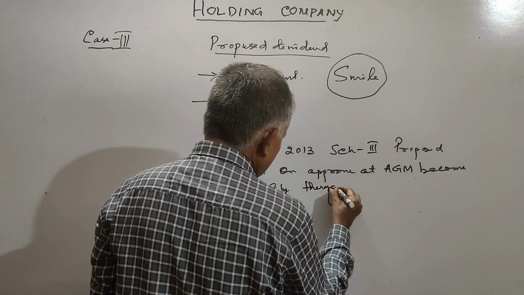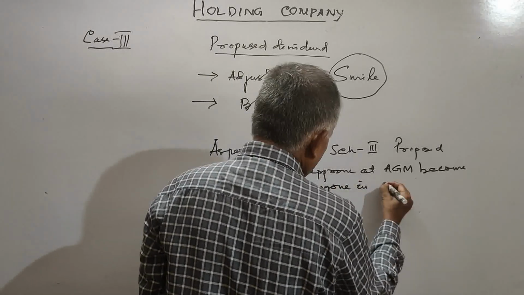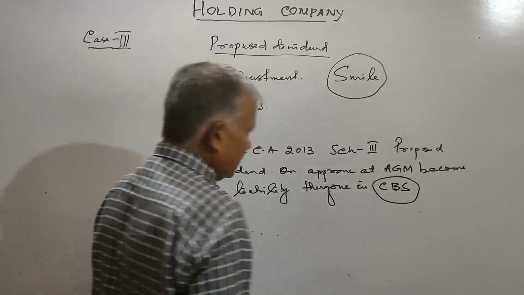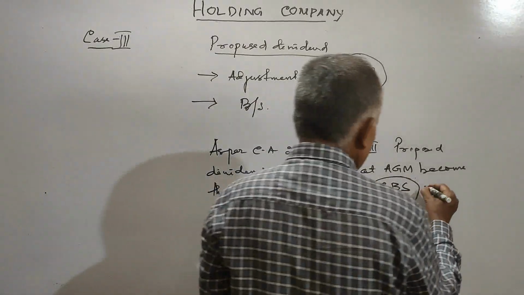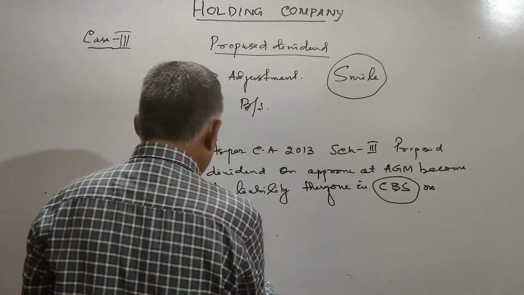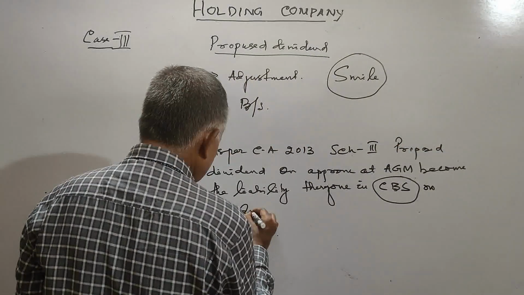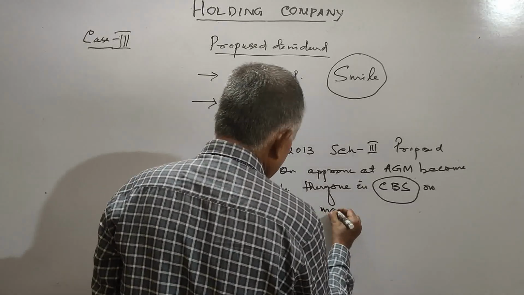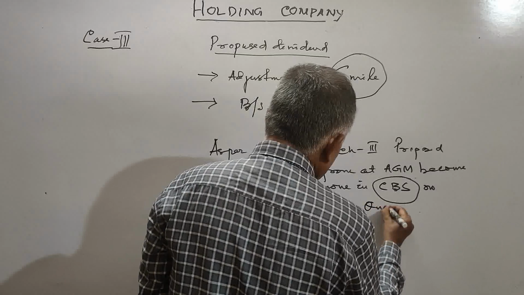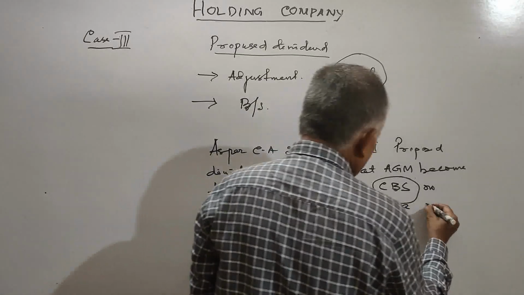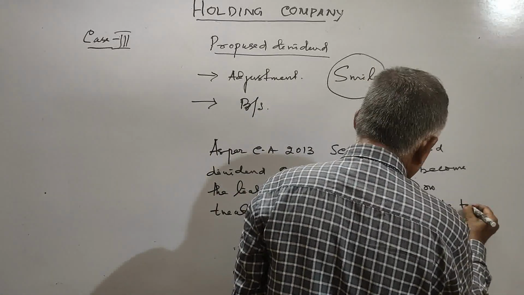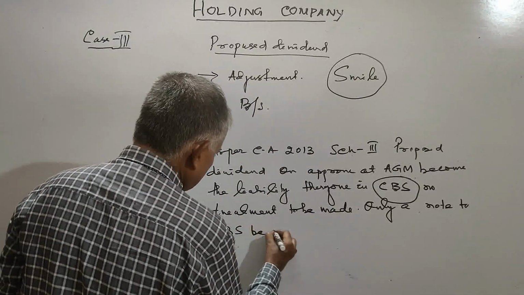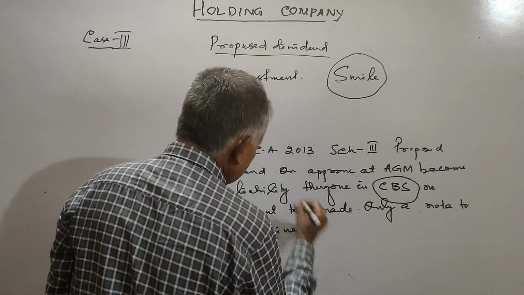Therefore, in the consolidated balance sheet, no treatment is to be made, only a note to the CBS be given.